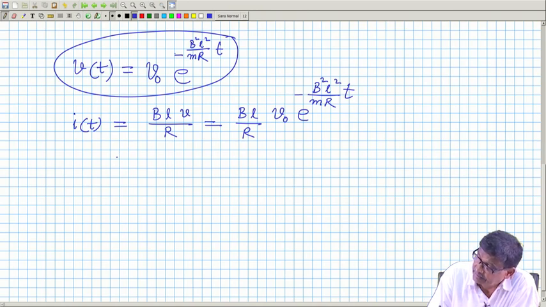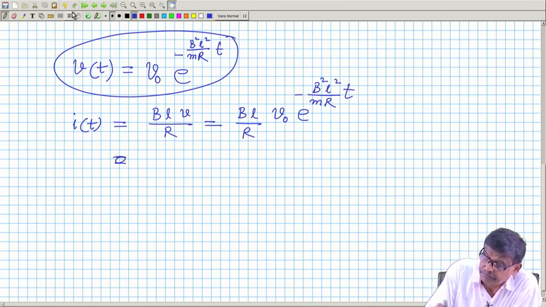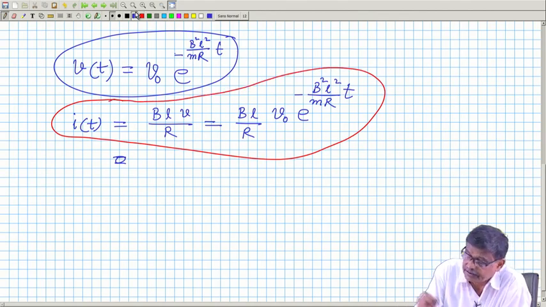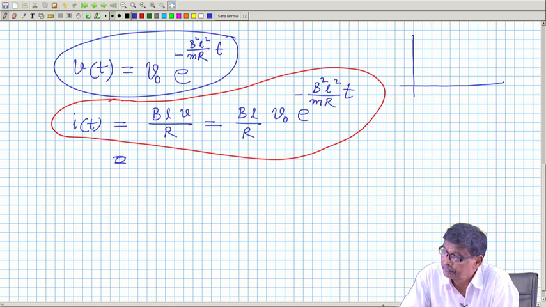So, this is coming correctly dimensionally, BLV is voltage by R. So, this is the expression of the current. So, both voltage and current, if you sketch, will decay down to 0. This was velocity of the conductor, this is time, and this is the current.